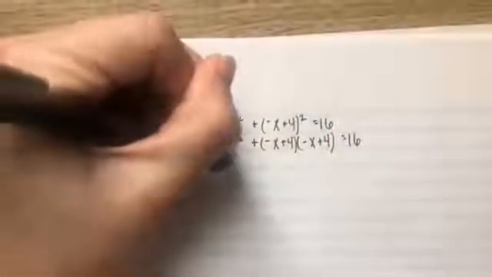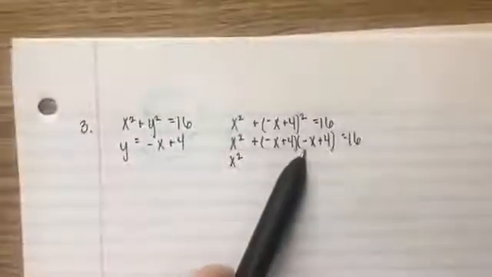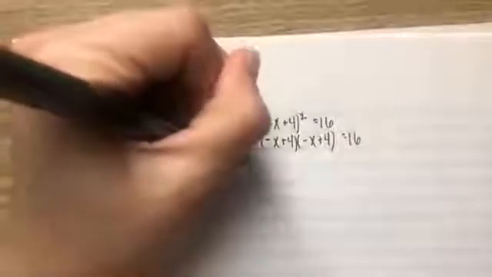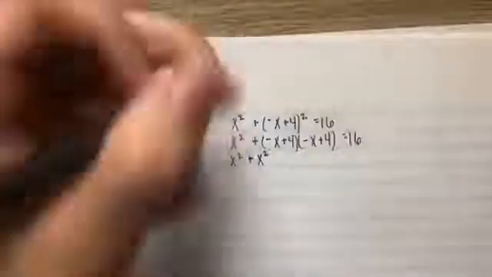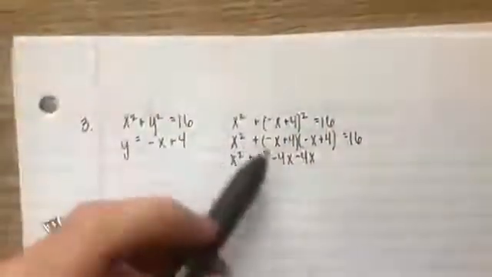I'll just bring down this x squared and start FOILing. So -x times -x is +x squared. -x times 4 is -4x. 4 times -x is -4x also. 4 times 4 is 16, and then equals 16.